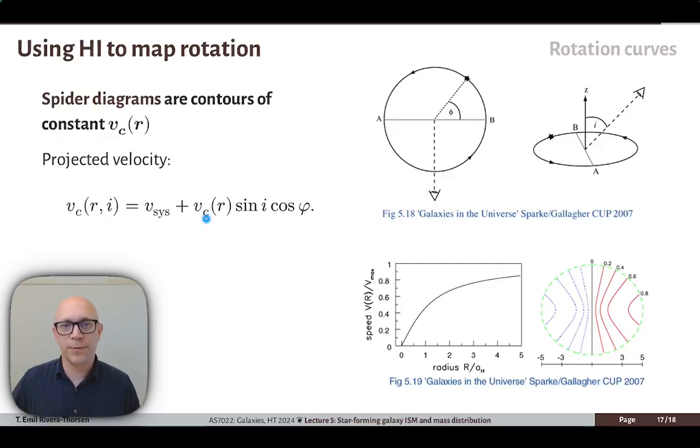And we can map this projected or apparent velocity, and we get this thing here that we call spider diagrams, where these things are simply curves of equal apparent velocity or equal projected velocity, you can say.